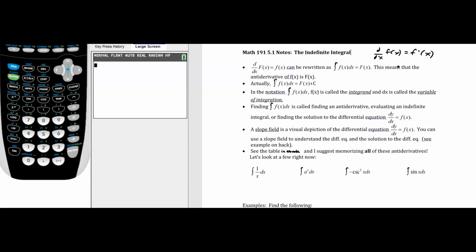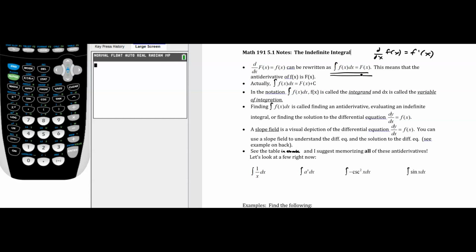Instead of me saying what I set up here, I can state this. I can say the derivative of capital F is equal to lowercase f. And a lot of times that's because we're starting with lowercase f. Typically the way that we write this is like you see right here. The antiderivative, that's what that means, or the indefinite integral of f of x, and this stands for with respect to x, is equal to capital F of x.